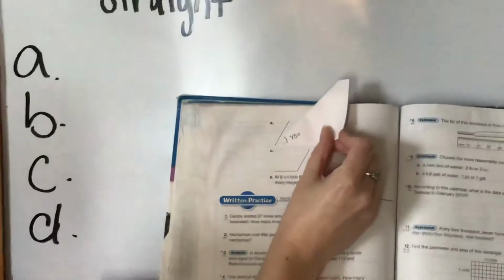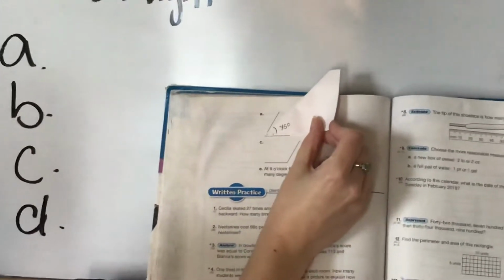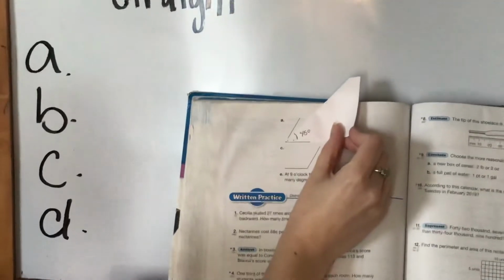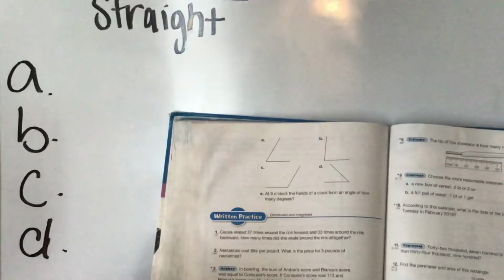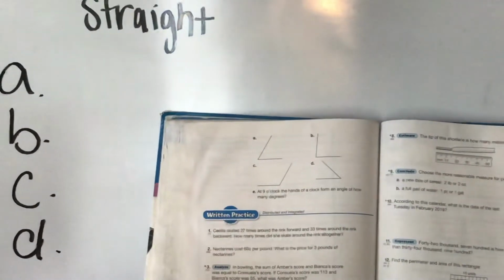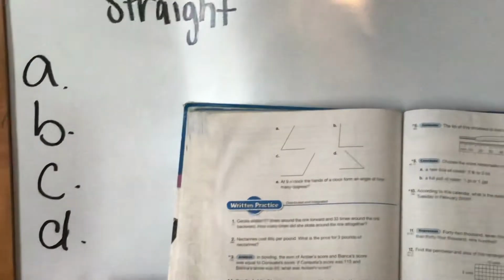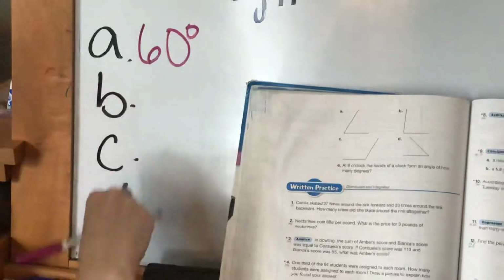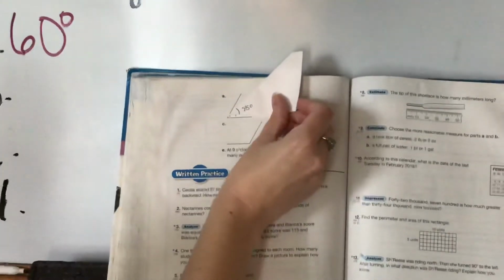Approximately how much do you think the angle would be measuring if it's that much bigger than 45 degrees? 60. About 60 degrees. If you're about 10 off, it would be fine. So this is about 60 degrees, approximately. If you said it was 55 to 65, you'd probably be close enough.